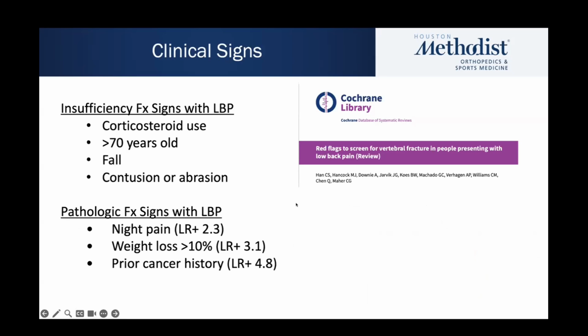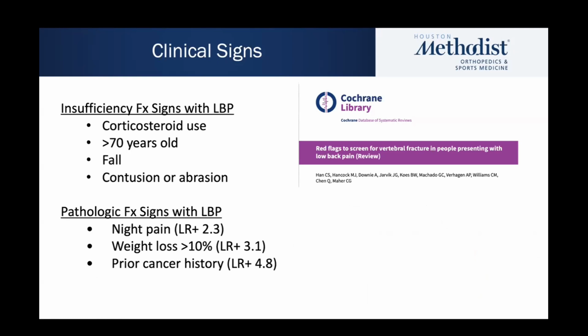In terms of clinical signs, that's going to be the first piece of the puzzle in our clinical decision-making. For insufficiency fractures with low back pain, this Cochrane review of 17 studies found that 4 factors were the greatest: corticosteroid use, age over 70, recent fall, and a contusion or an abrasion on presentation.